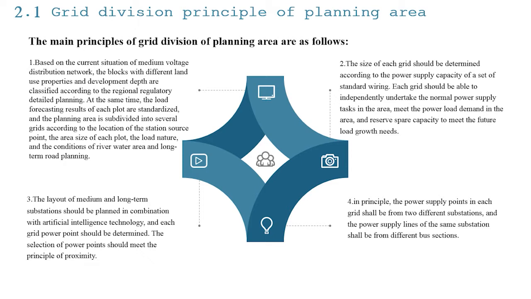The selection of power points should meet the principle of proximity. Fourth, the power supply points in each grade shall be from two different substations, and the power supply lines of the same substation should be from different bus sections.